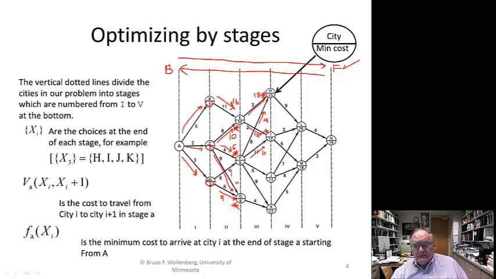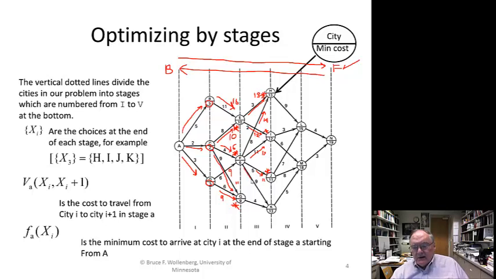So now I know the cheapest path is 13 to get all the way from A up to H. Here we had 12 or 17, so we know the optimal cost is 12. Here there's only one path into J, and that's this path here, and that would be a cost of 11, and so the optimum path is here. It's actually the only path, so we'll mark it that way.